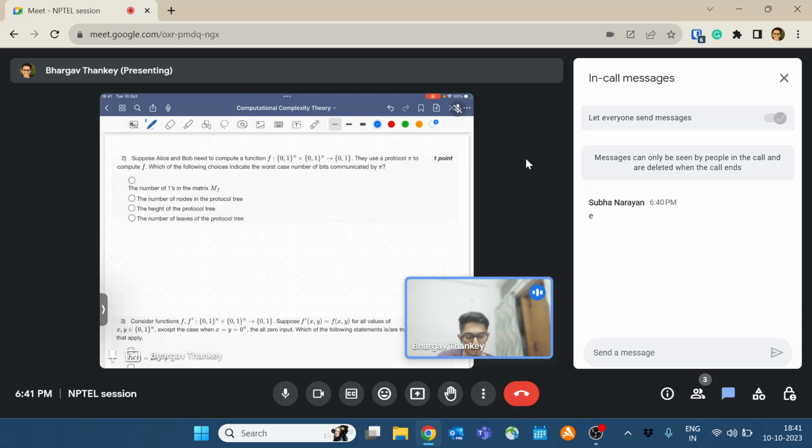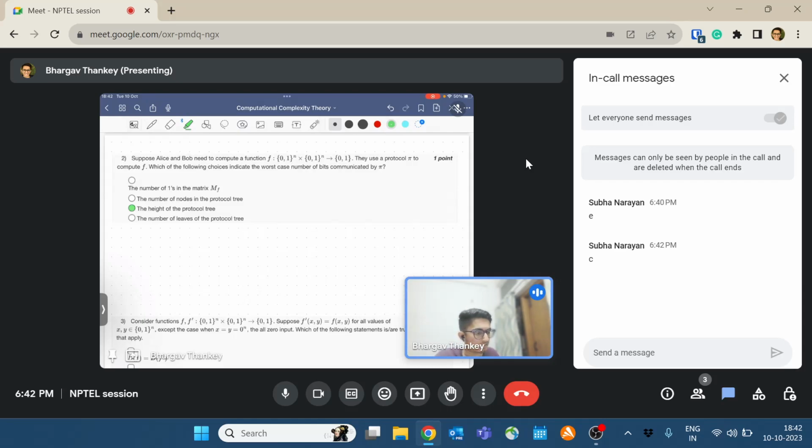The options are the number of ones in the matrix Mf, the number of nodes in the protocol tree, the height of the protocol tree, and the number of leaves in the protocol tree. Which of these is correct? It's the height of the protocol tree.